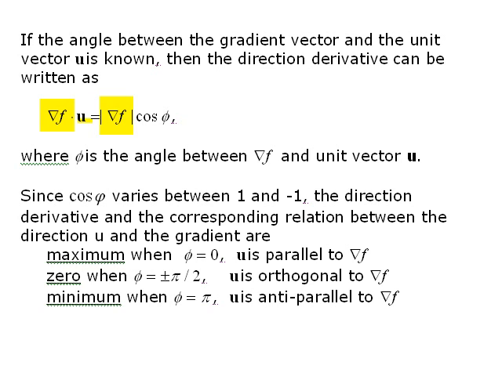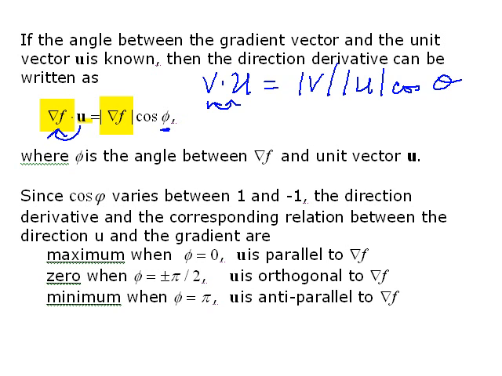Recall that for the dot product, let's say I have two vectors v dot u. That could be written as the magnitude of v times the magnitude of u times the cosine of theta, where theta is the angle between v and u. So in this case, phi is the angle between u and the gradient, and because it's a unit vector, its magnitude is 1.